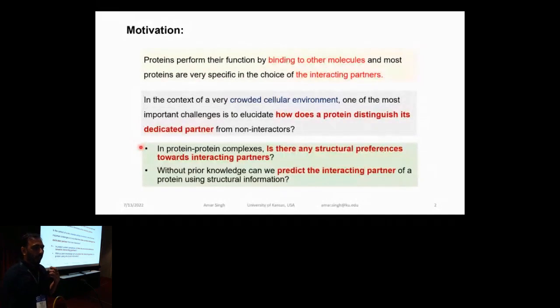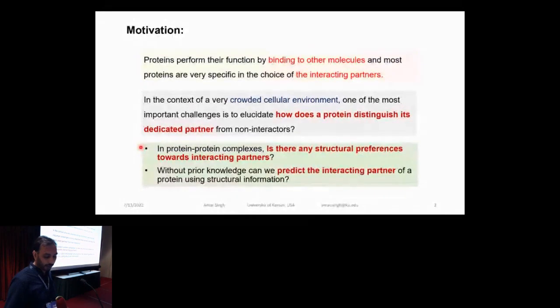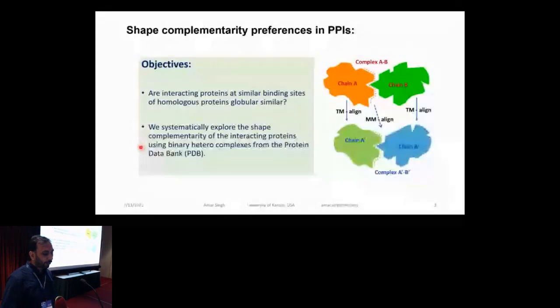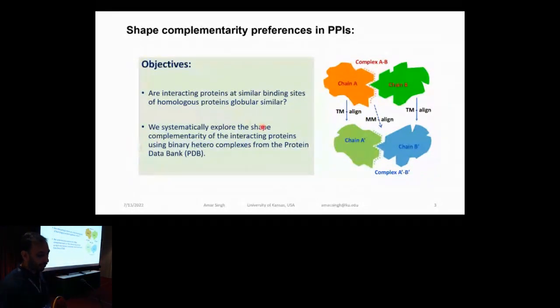Computationally, without any prior knowledge of the interface or interaction, can we predict the interacting partner using only the structural information of these proteins? To investigate whether there is any structural similarity between these interactions, we extract the heterodimers from the Protein Data Bank and do a pairwise comparison.